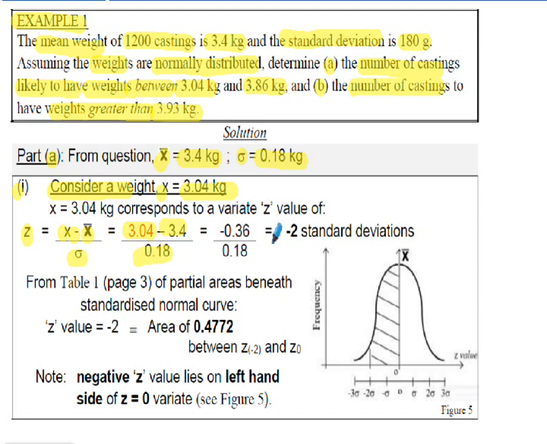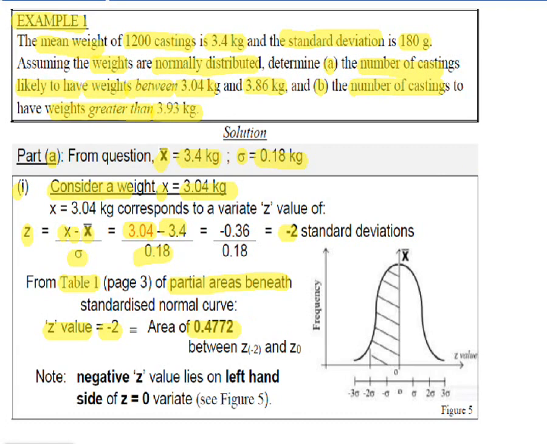Doing the arithmetic on that, we end up with a negative standard deviation, minus 2. So from table 1 on our previous page, we can work out the partial areas beneath that standardized curve. So for a Z value of minus 2, we get 0.4772.